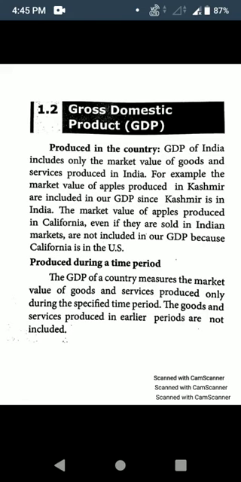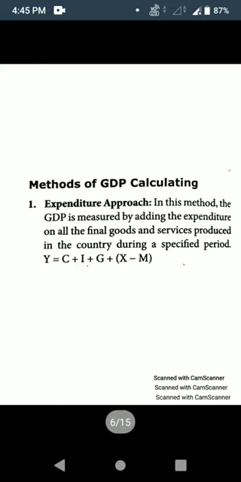But what goods and services were produced in 2020 was not included. Are you clear? So only in 2021, the goods and services produced, that alone will be included. But in 2020 it was not included, it was excluded. Are you clear?